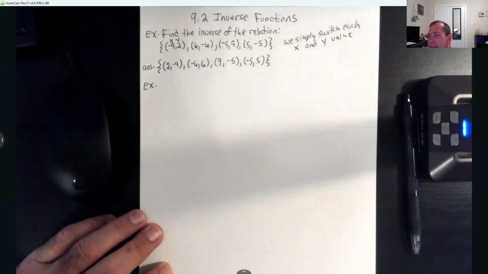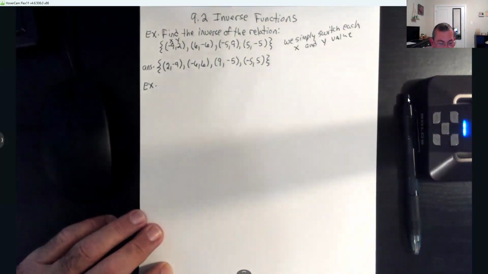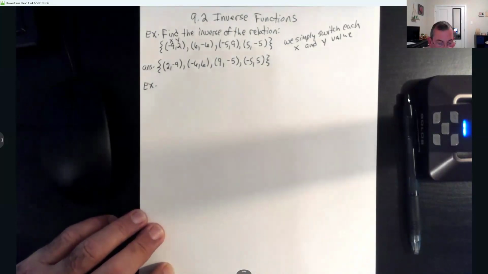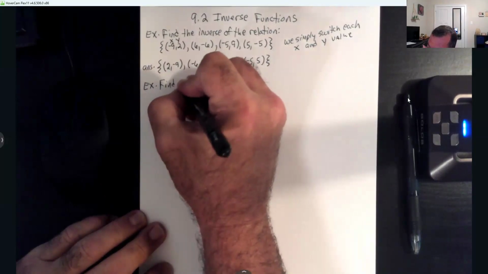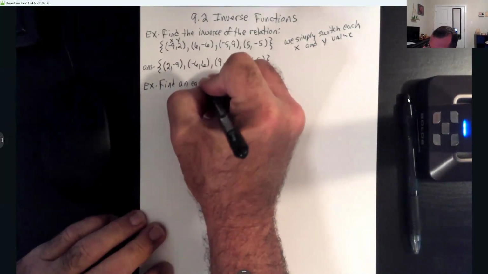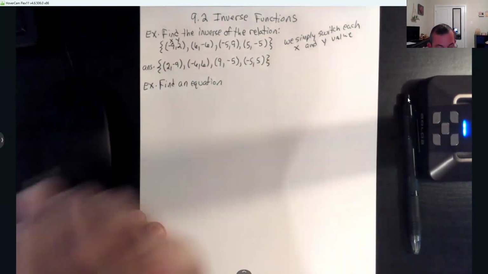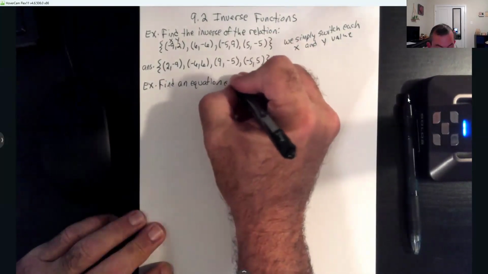Same thing on the second one, but they're giving us an equation to do it with. So we're going to actually find an equation of the inverse relation.